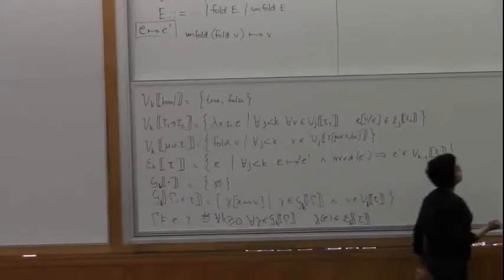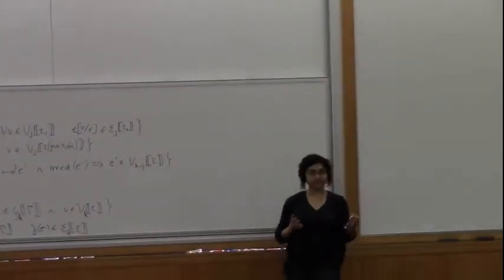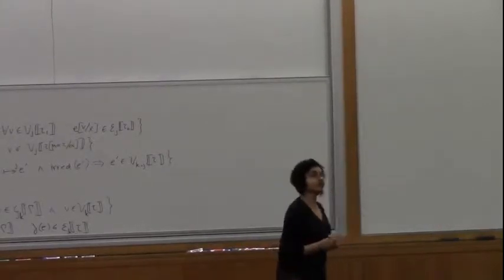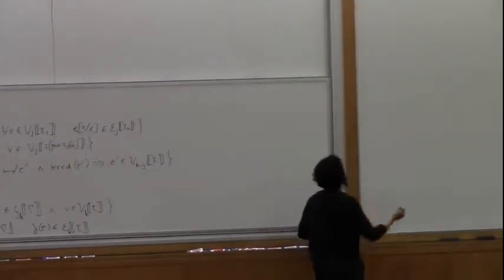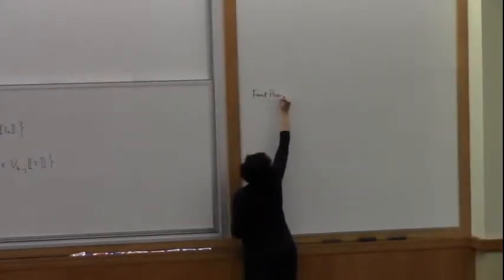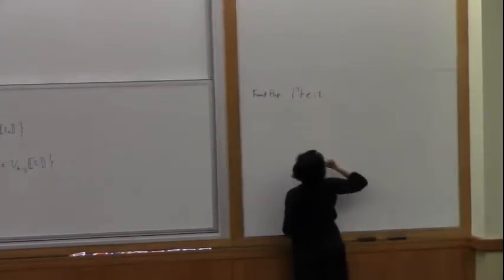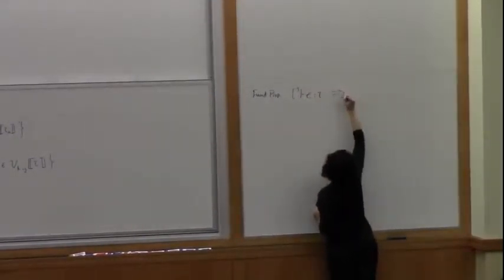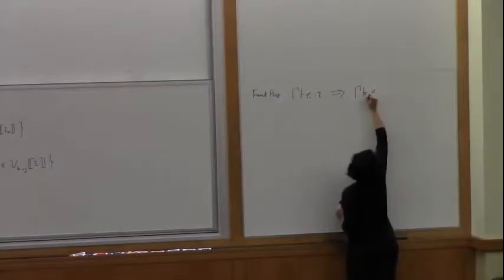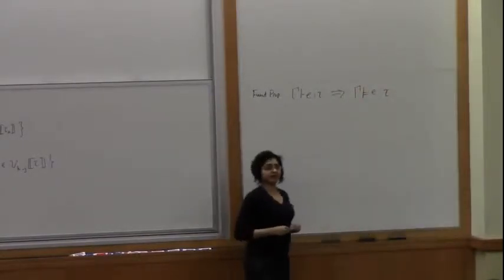Okay, so we talked about proving type safety and how it just follows as a corollary of the fundamental property of this logical relation. And the fundamental property just says that if E is well typed, then E semantically behaves like it has type tau under gamma.